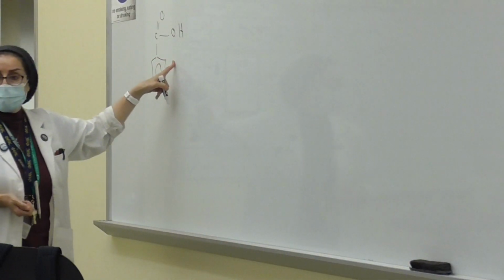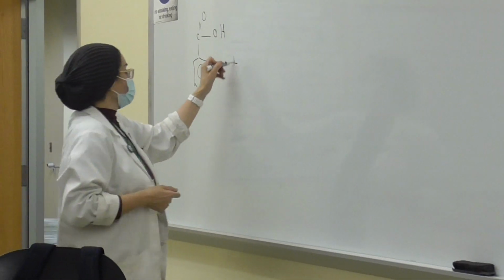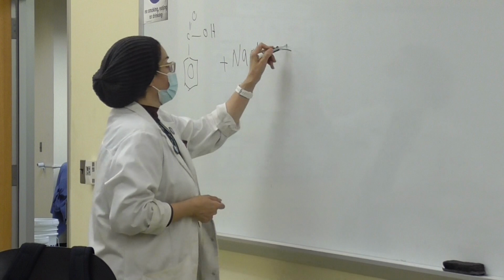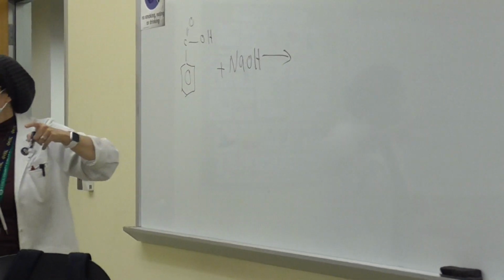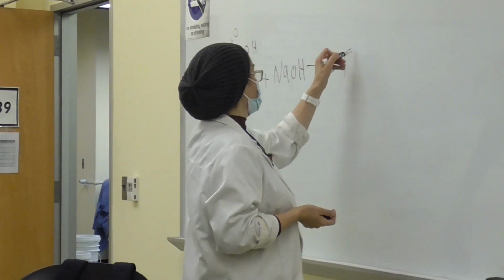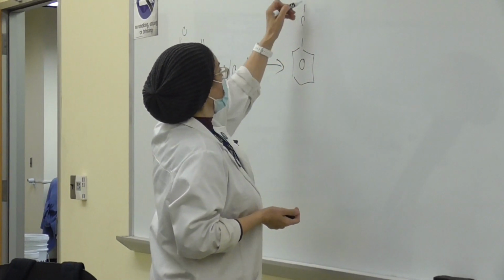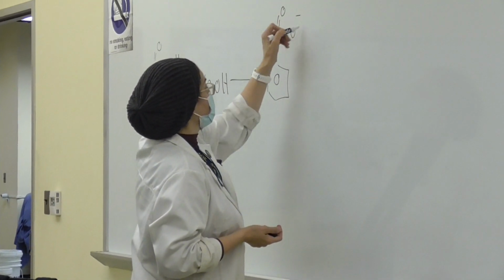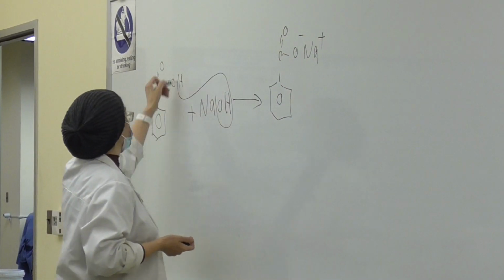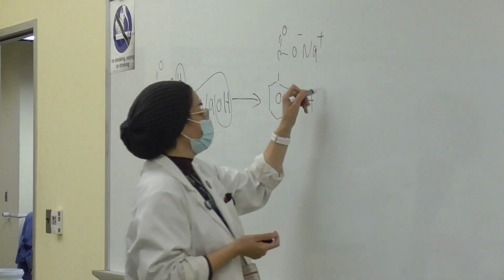This is acid, right? Carboxylic acid. When you react it with NaOH, what is going to happen? Acids and base are going to be neutralized, right? So we're going to have C double bond O minus Na plus, and we're going to make the water. So those guys are going to make the water.